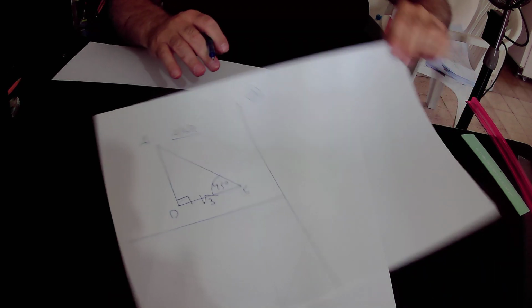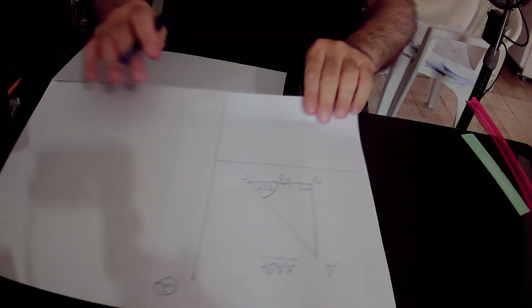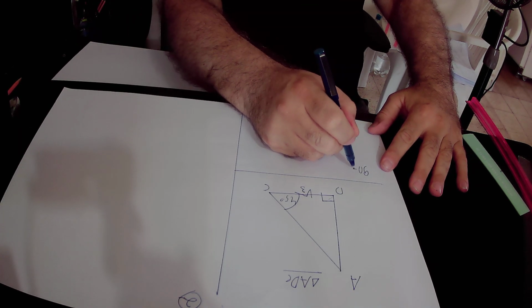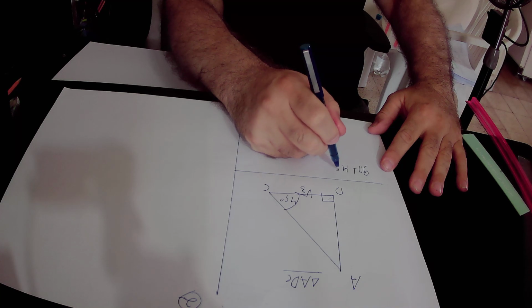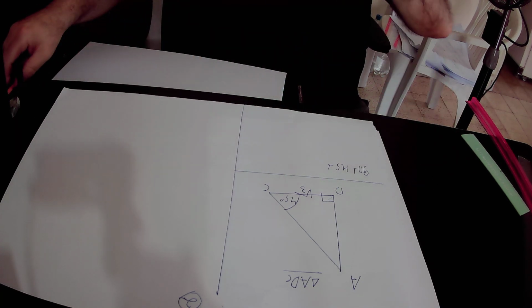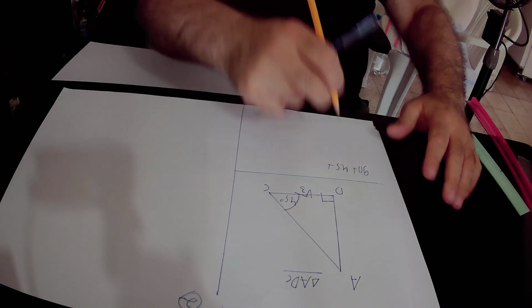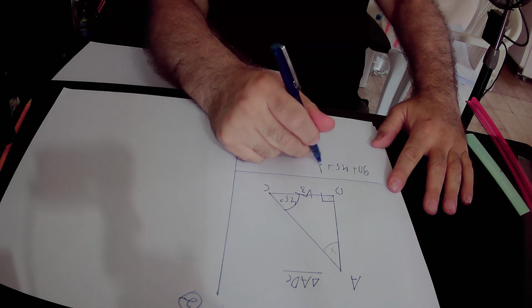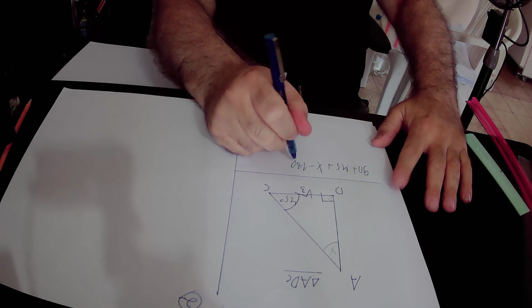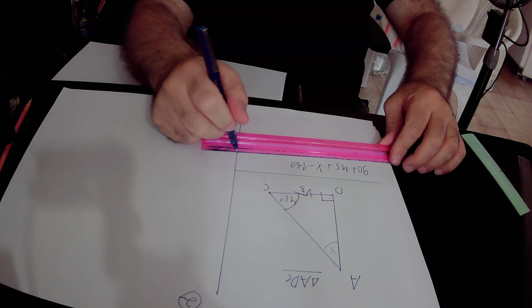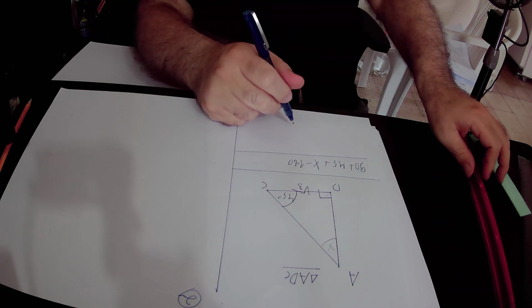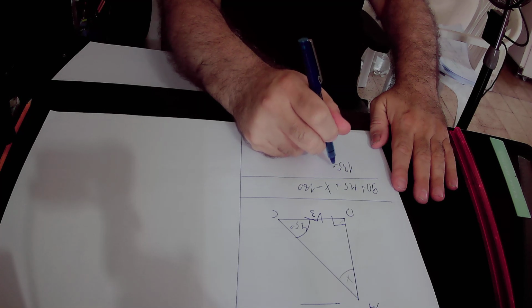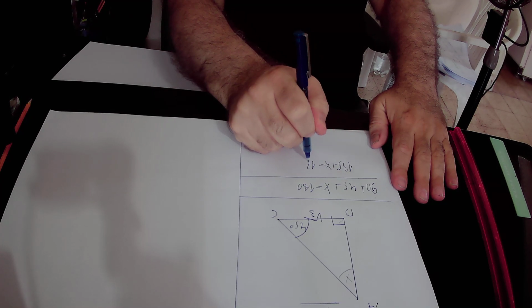In triangle ADC we have this angle equal to 90 degrees, plus this angle equal to 45 degrees, plus the missing angle that we define as angle X. In total, the sum of those three angles must be equal to 180 degrees. 90 degrees plus 45 degrees equals 135 degrees, so 135 degrees plus X equals 180 degrees.